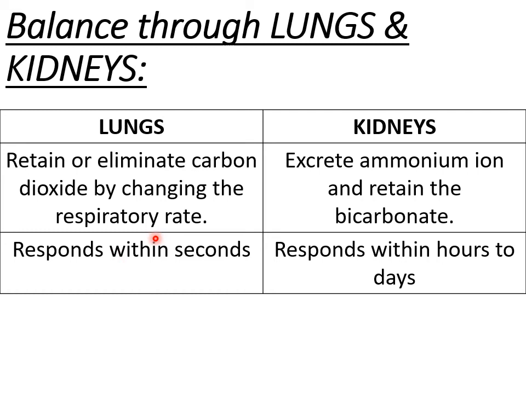Naaral natin kanina, right, that RR is directly proportional with your pH. Mas madami kang RR, mas mataas ang blood pH mo. And in this system, it can change your blood pH within seconds. Mas mabilis yung modification.